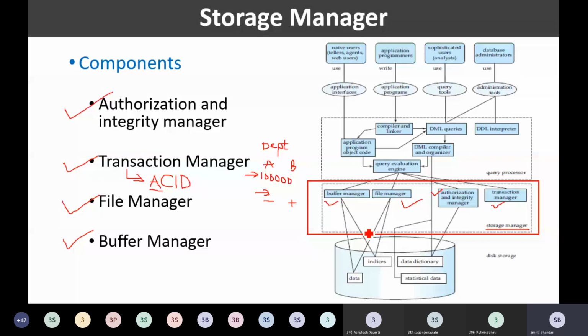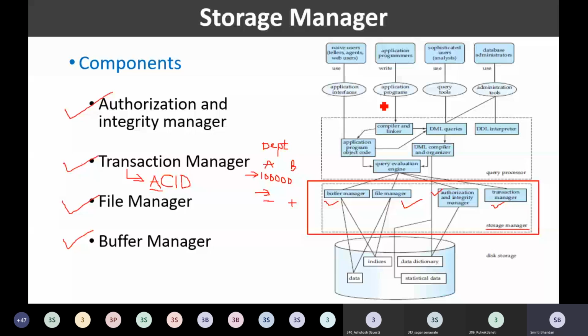So what is the role of buffer manager? Whichever data is asked by the application programmer, the buffer manager will see whether that data is available in my main memory.